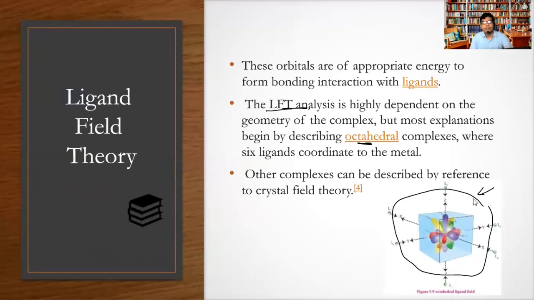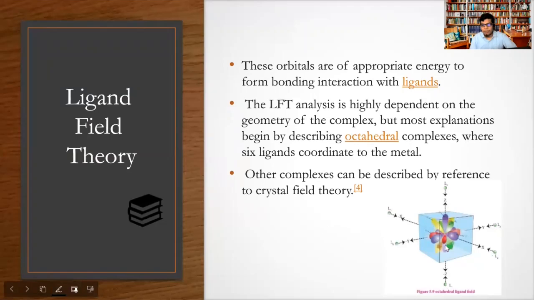You are seeing it here, where 6 ligands, 1 2 3 4 5 6, coordinate with this metal complex. Let me just erase all the ink on the slide. You have here 6 ligands with the cube form of the central atom.